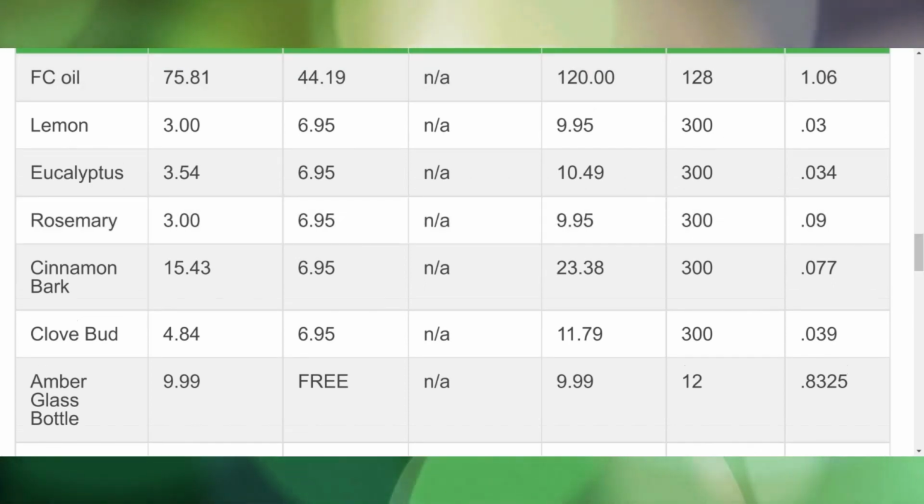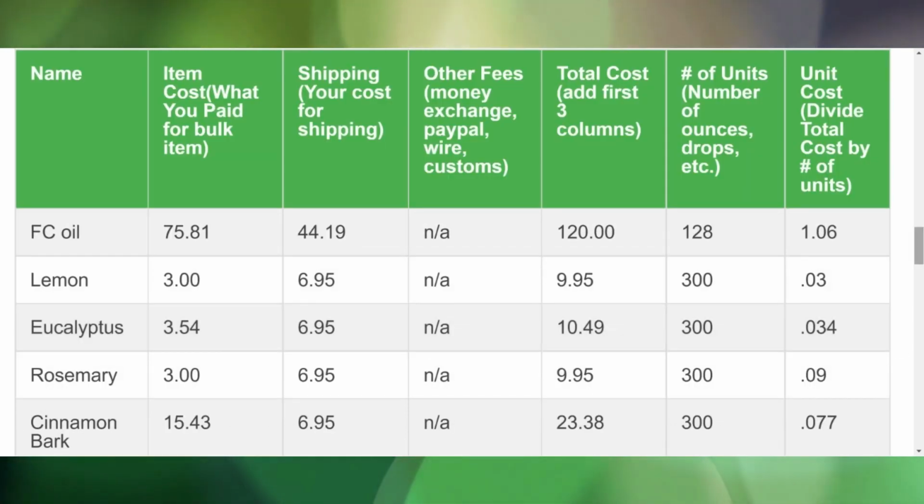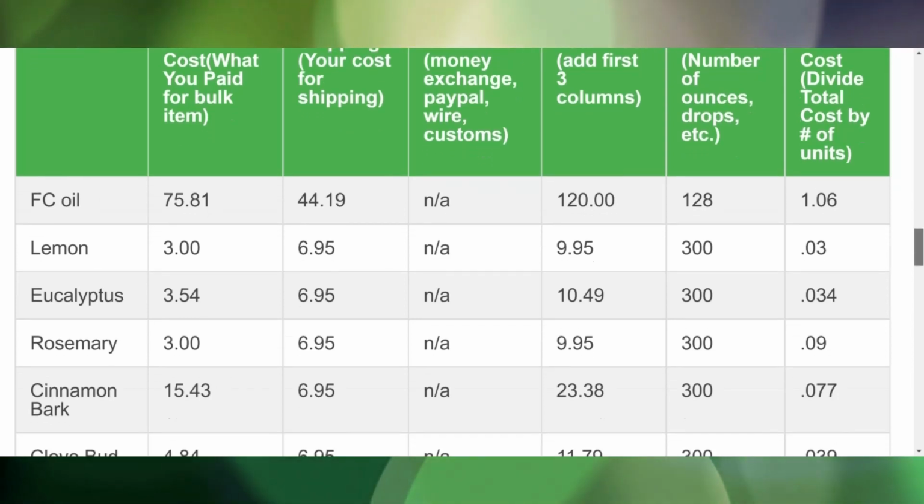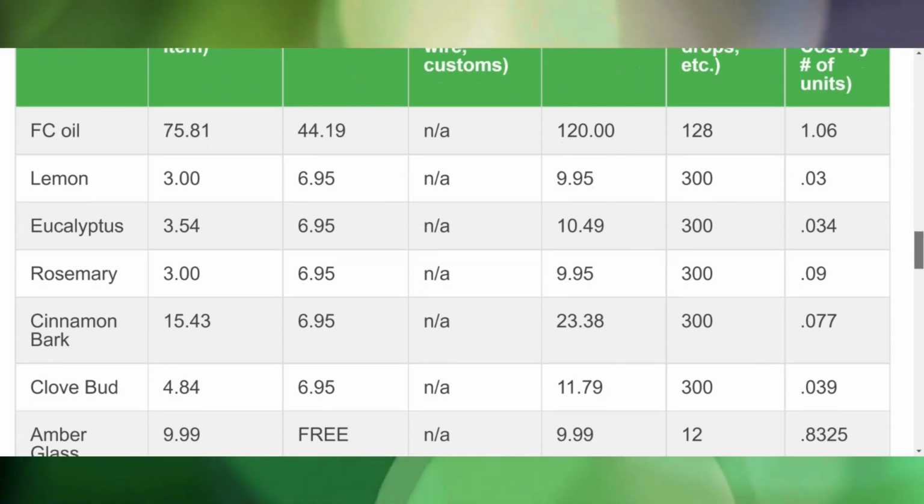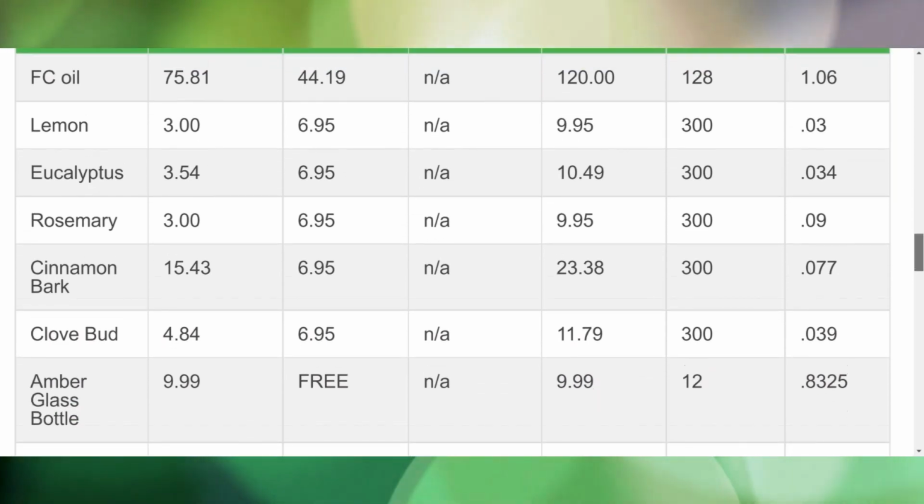I go ahead and do this all the way across for eucalyptus. Here I see that, again, this is a very good price at $3.54 for a 15 mil. I added the shipping in, brought it over to $10.49, 300 drops. It comes to about 3 cents per drop.